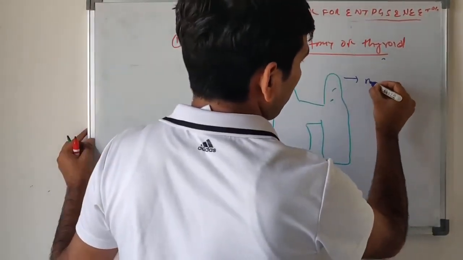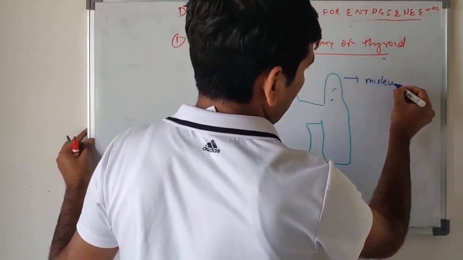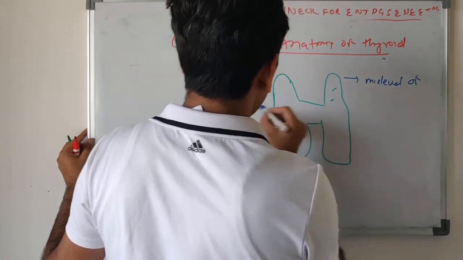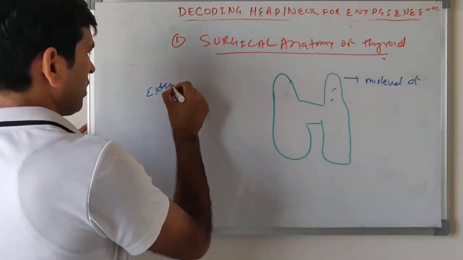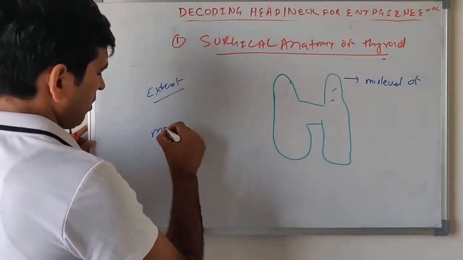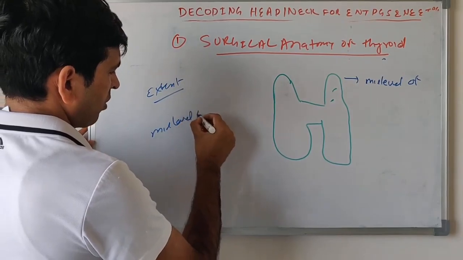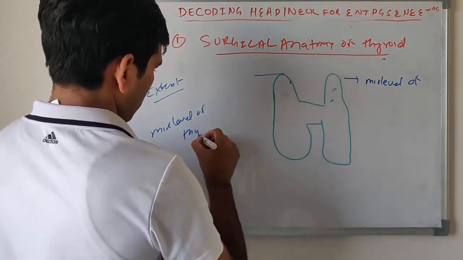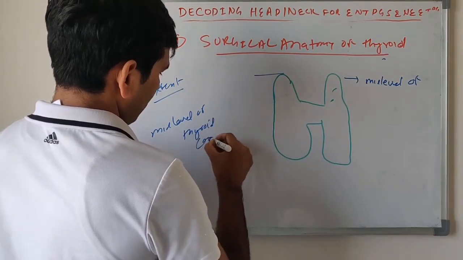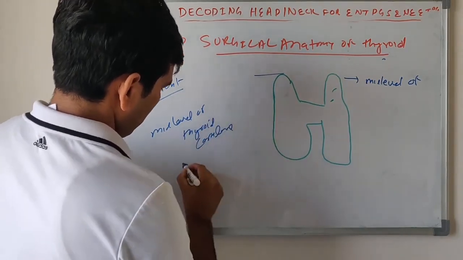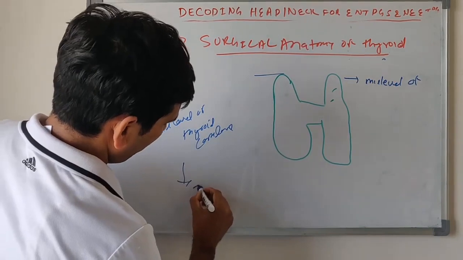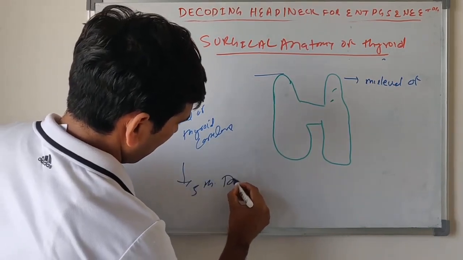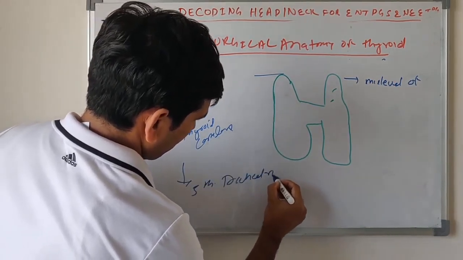Anteriorly it extends from the mid-level of the thyroid cartilage inferiorly to the fifth tracheal ring.